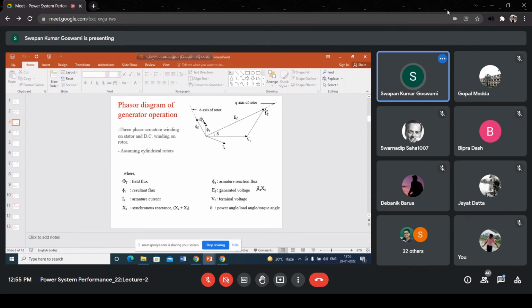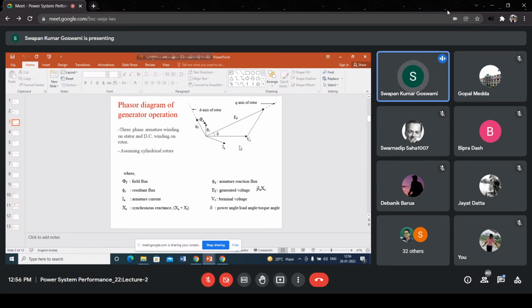If you want to change the delta, we said that by changing delta, active power flow can be changed. If you want to change the value of delta, then the position of EF with respect to Vt has to be changed. Now, note that Vt is representing the infinite bus voltage.